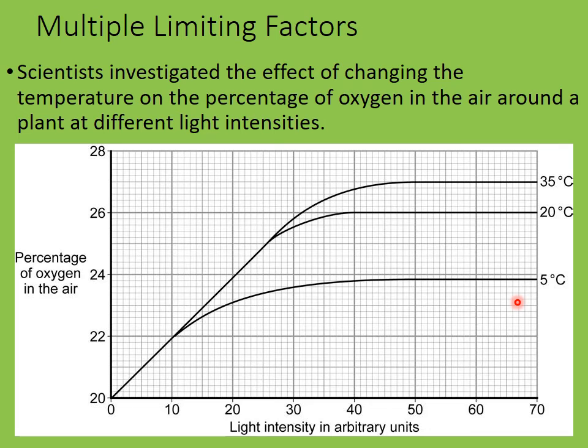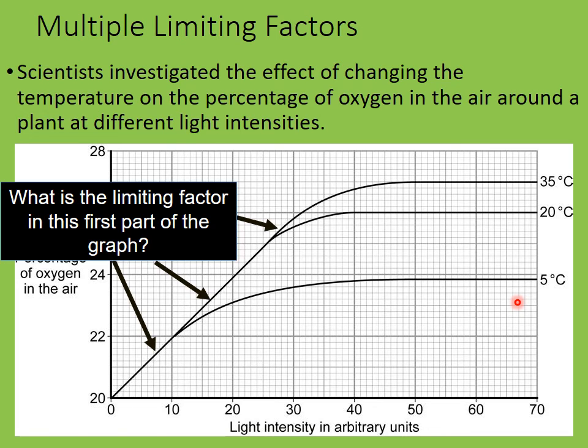So our first question that we want to consider is, in the first region of this graph, so where we've got this kind of straight line relationship for the 3 graphs, it's shorter for the first graph, slightly longer for the second graph, longest for the third, what would we say the limiting factor is?